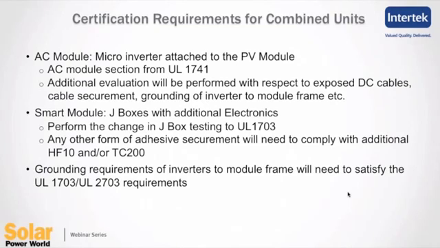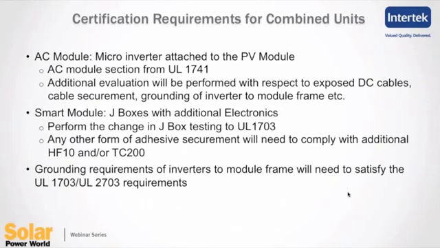Anywhere where certain additional circuitry is added into the junction box or into any other hardware within the solar module, we commonly in the certification world like to refer to them as the smart modules. In that case, there are specific requirements on the change to the PV module that you have to meet, like in the case of a junction box change, specific requirements that are related to 1703.